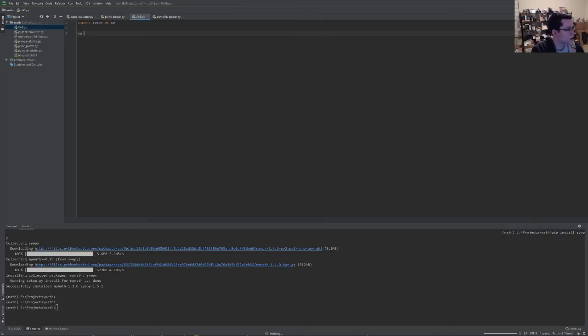SP dot. Here we go. I need to create variables, so I'm going to do them in alphabetical order: A, B, C, M equals SymPy dot symbols A, B, C, M. If I run that, I shouldn't crash.